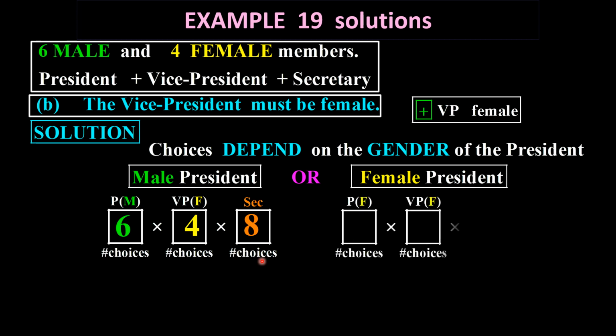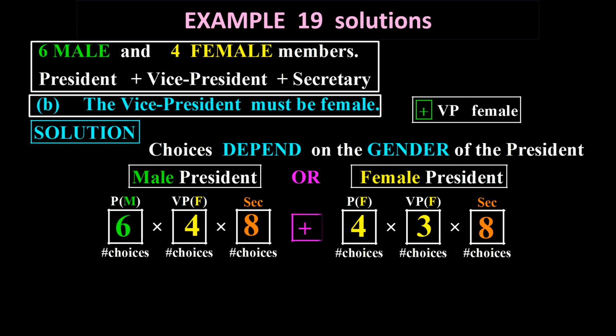Let's look at the situation where we have a female president. This means that the president is female, but according to the restriction, the vice president still has to be female. So how many ways can we choose a female president? Any of the 4. Now 1 person's already been used, so the next can be 3. Then 2 out of the 10 are used, so we have 8 that can possibly be secretary.